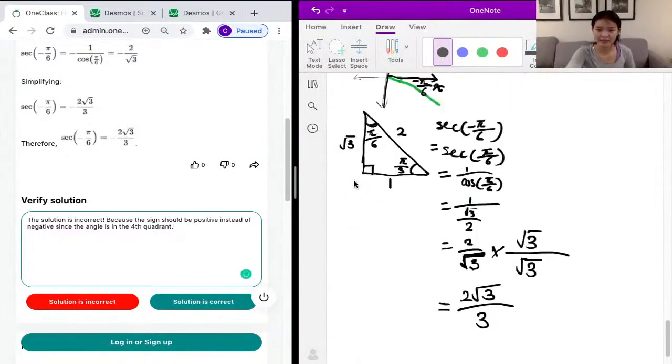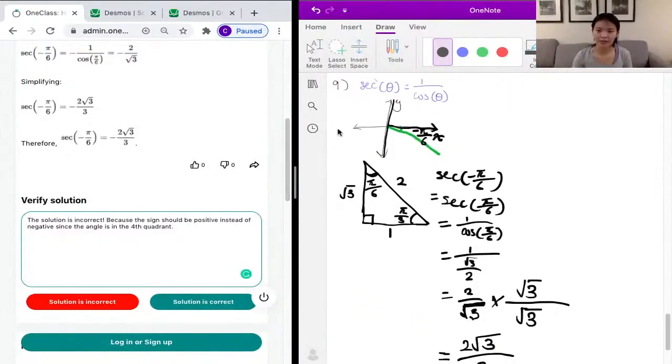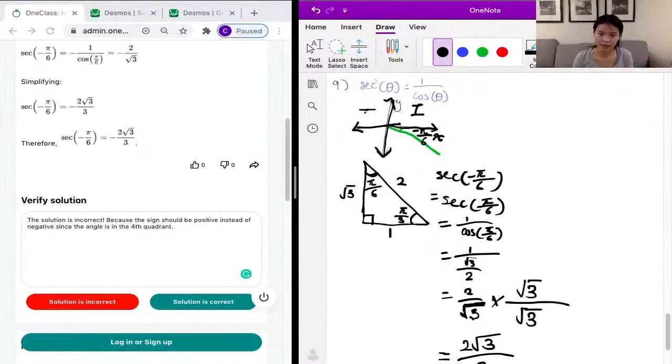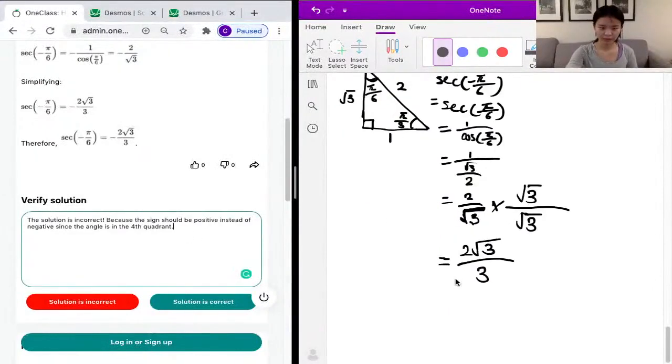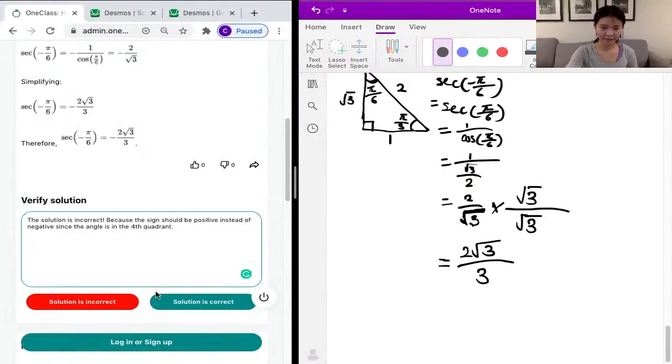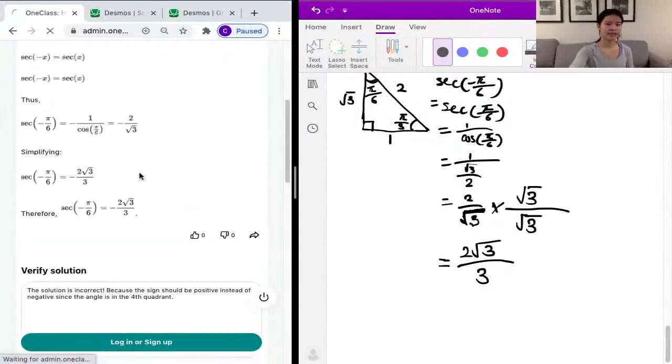By that, I mean that for the unit circle over here, the quadrants start counting from here. This is the 1st quadrant, this is the 2nd quadrant, this is the 3rd, and this is the 4th quadrant. And our green line, which symbolizes our angle, is on the 4th quadrant, where x, which is cosine, is positive. So yeah, let's say that. Okay, and let's say the solution is incorrect.